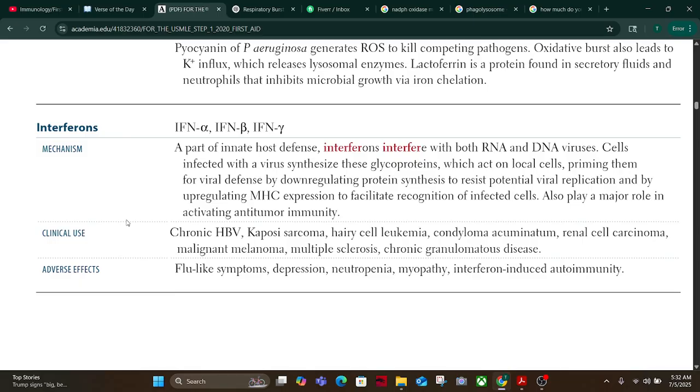They interfere with RNA and DNA viruses. They downregulate protein synthesis, so the virus can't replicate. And they upregulate MHC expression to kill off virus.